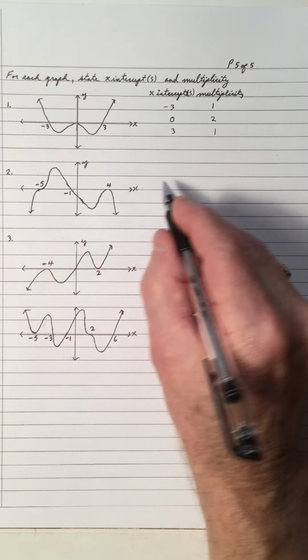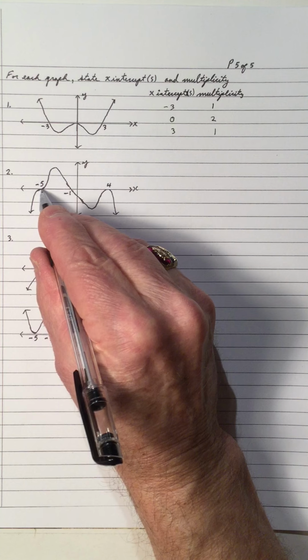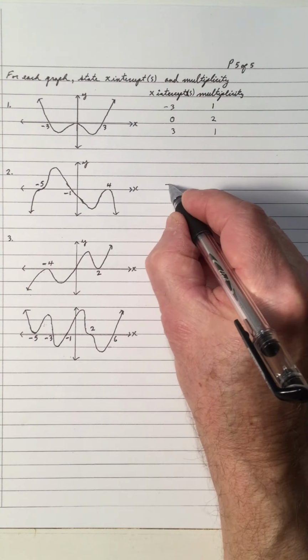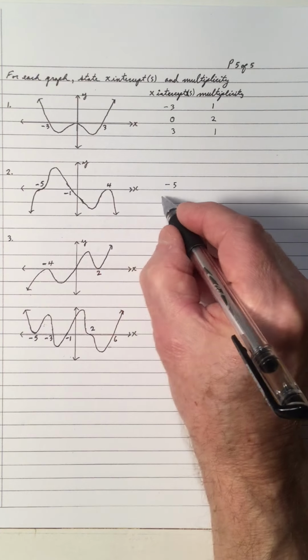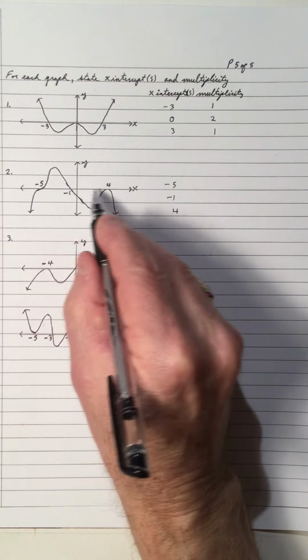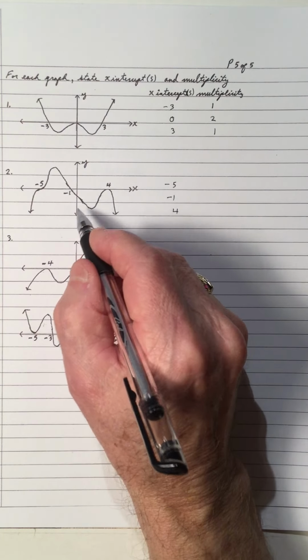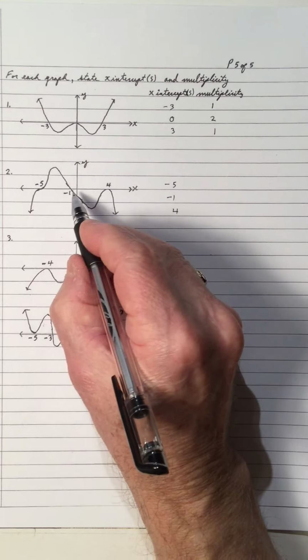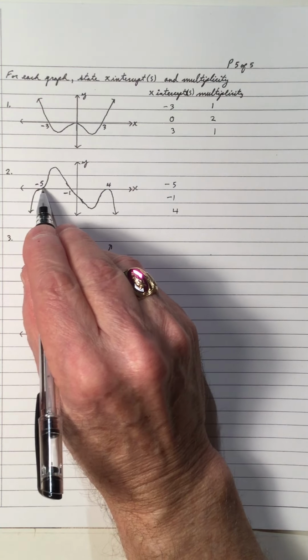And here, let's look at the intercepts. We have -5, -1, and we have a 4. What you see in the graph is the intercepts. You only change them when you're looking at an equation. Okay, so let's look at the multiplicity.